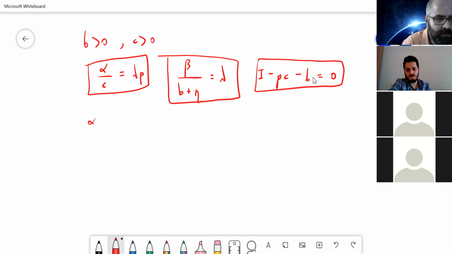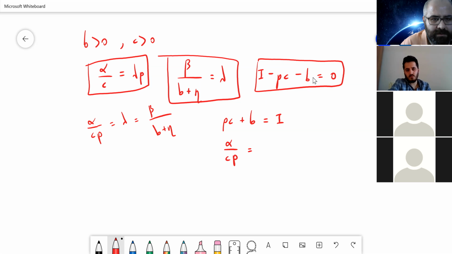Well, you can always do that, right? Alpha over CP equals lambda, which is equal to beta over B plus eta. So here you eliminate lambda from the problem. Then you have PC plus B equal I, and alpha over CP equals beta over B plus eta.